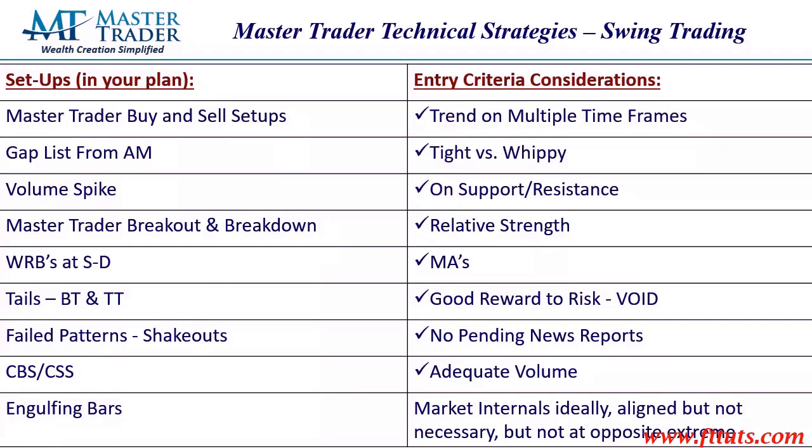Once you've scanned for it, you then begin to cherry pick, meaning the scan brings things down to a workable level where it eliminates what you don't want to see. And then we start looking at multiple time frames. We look for, as I explained to you, how the pattern forms. Is it erratic? Is it tight? Is it whippy?